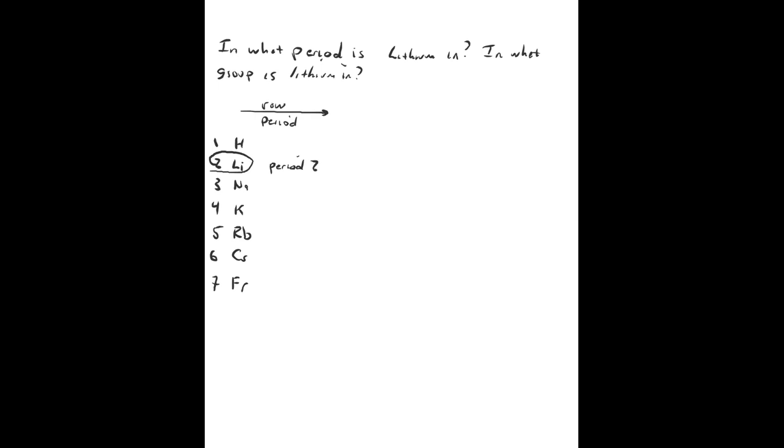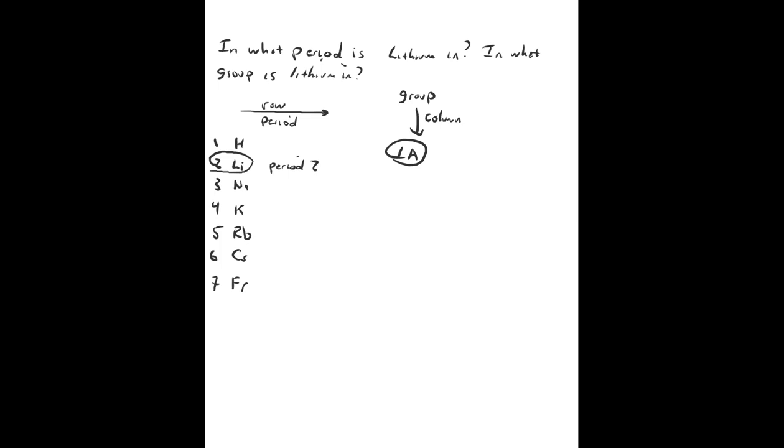In what group is it? Remember, the group is vertical. So what column? Lithium is in the first column, so it's in column 1A or group 1A. So there would be your answers. It's in period 2 in group 1A.